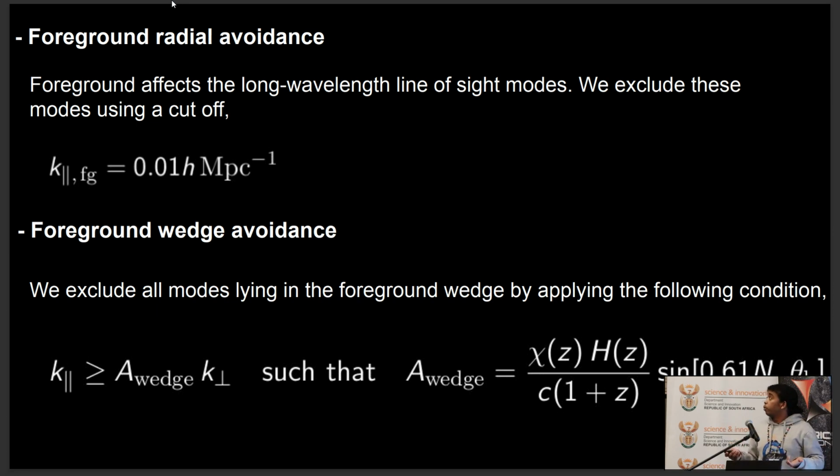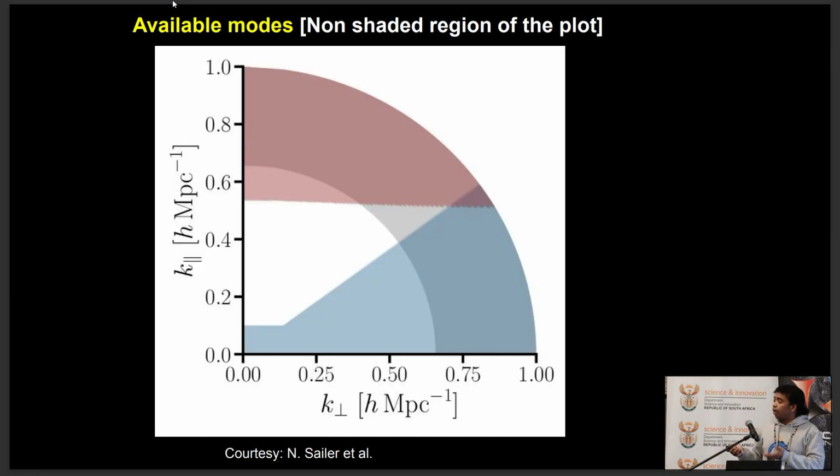Hence, we come to the technique that we use to constrain the cosmological parameters. Due to the foreground cut and foreground avoidance on the radial and the wedge, we impose the cut, and the last equation depends on the instrument.